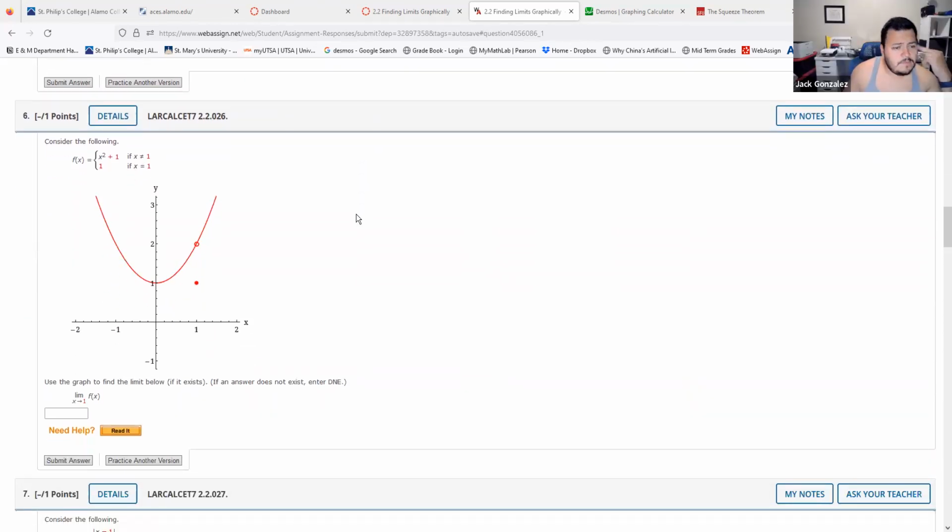Check this one out. Here we have a functional value that's down here, but undefined over there. You guys remember piecewise functions back in college algebra? Maybe even before that.